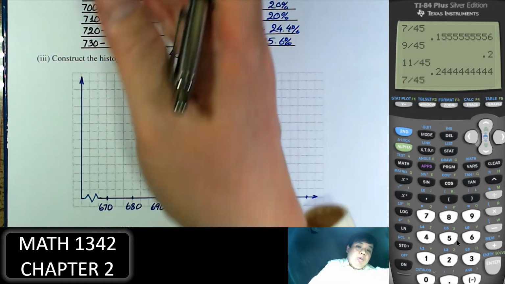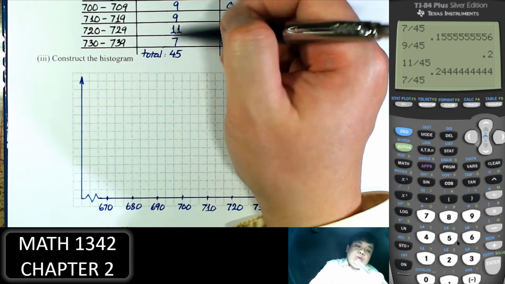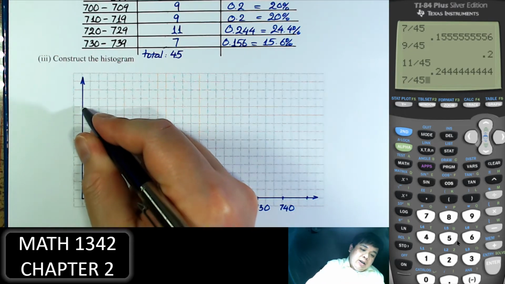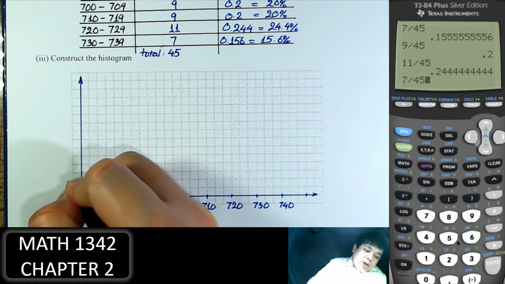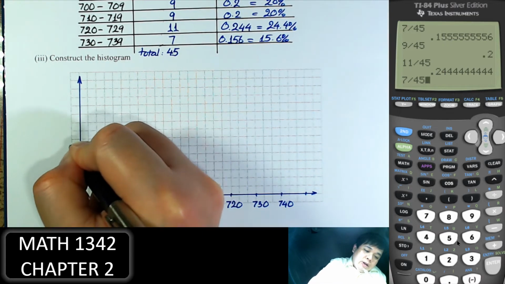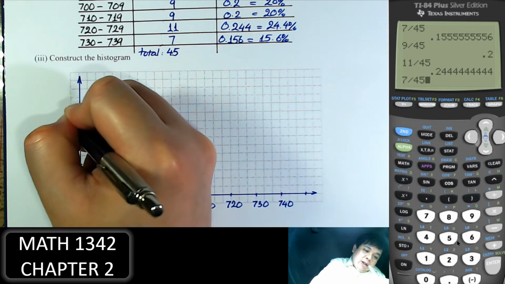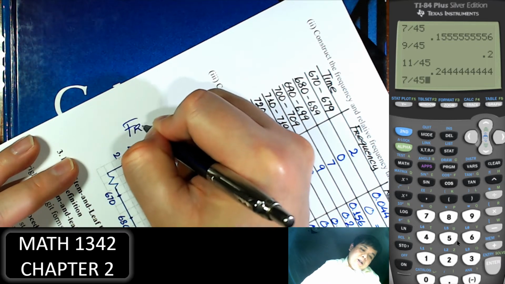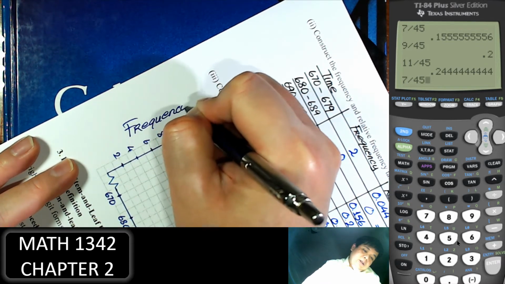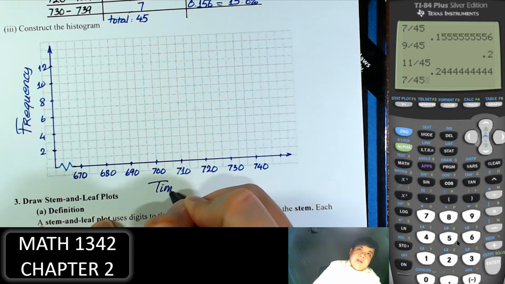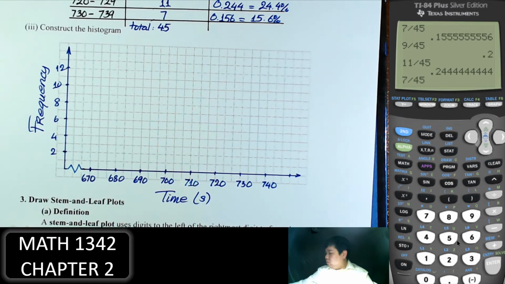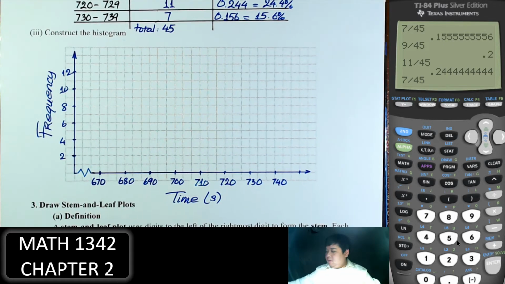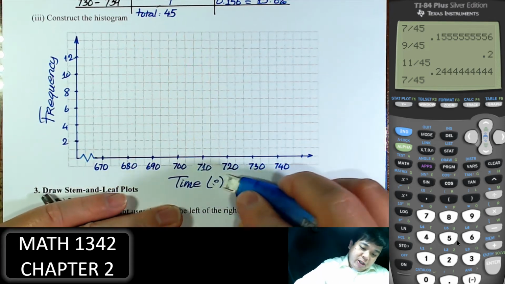I will just use the frequency here. It's going to go up to 12. So 1, 2, 3, 4, 5, 6, 7, 8, 9, 10, 11. Okay, that's perfect. 2, 4, 6, 8, 10, and 12. So here is frequency, and here is the time in seconds. So that is the time between eruptions, in seconds.